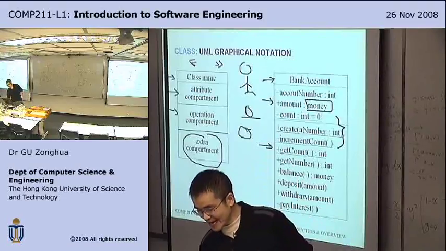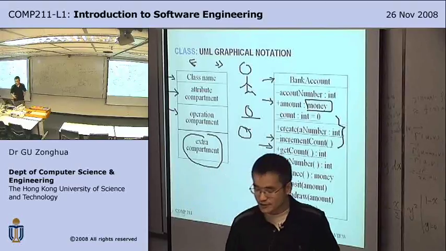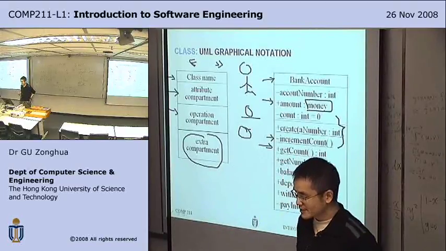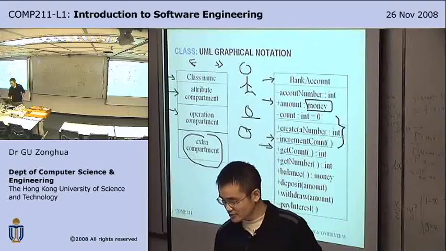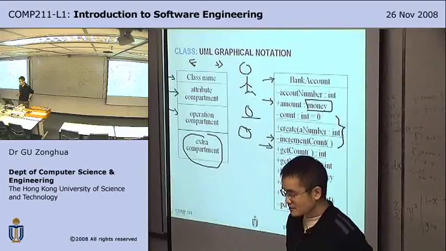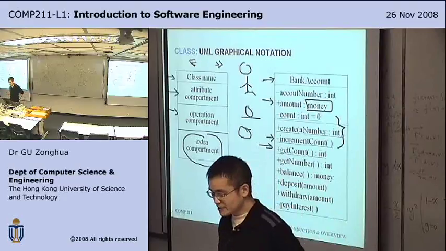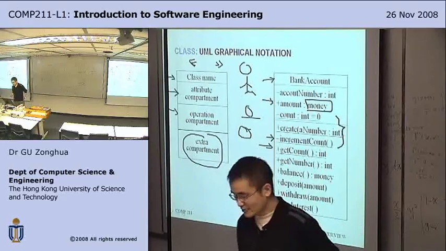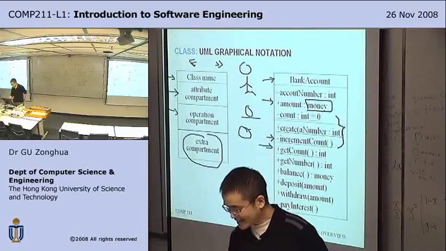Notice that increment count is a private operation. It means that it shouldn't be called by other objects directly. It should only be called within the create method. You cannot increment the object count without doing a create. So that's why you make it private. But get count is okay.